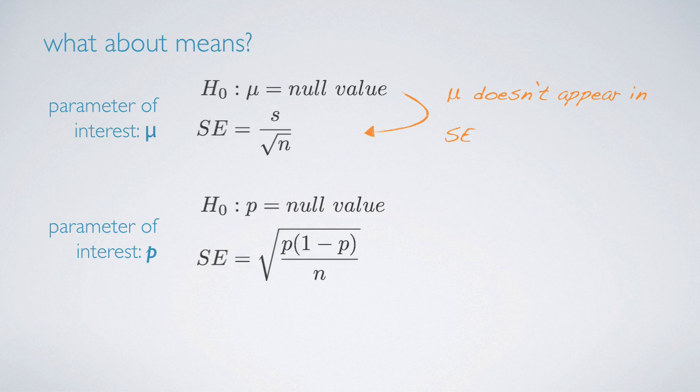On the other hand, when you're doing a hypothesis test for proportion, we set p equal to some null value, and that same p does actually appear in the calculation of the standard error. And because it does appear in the calculation, and because we must assume that the null hypothesis is true when going through our calculations, we need to make a distinction between when we do have a null hypothesis that we must assume is true within the context of hypothesis testing versus when we don't have a null hypothesis that we must assume to be true, that is within the context of a confidence interval.